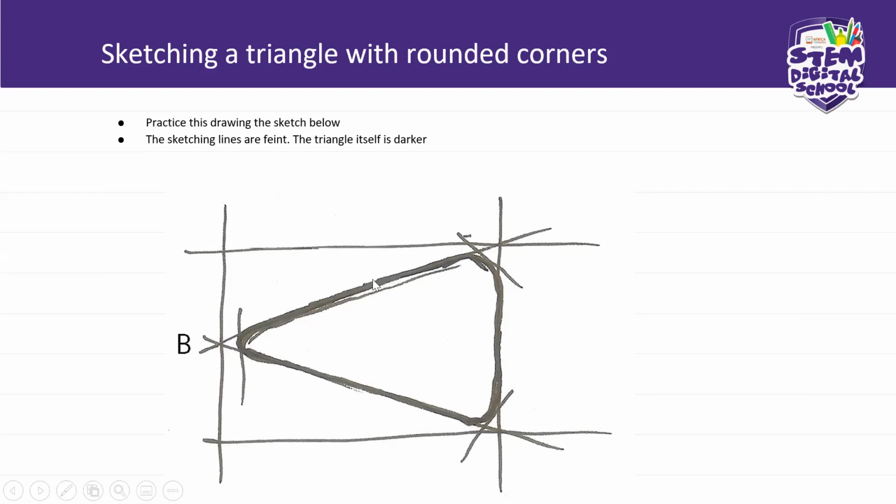So you would want to make this final shape a thick line, okay? In the end, you will remove these construction lines and remain with this triangle with gentle curves. So I hope you understand the art of sketching, okay?